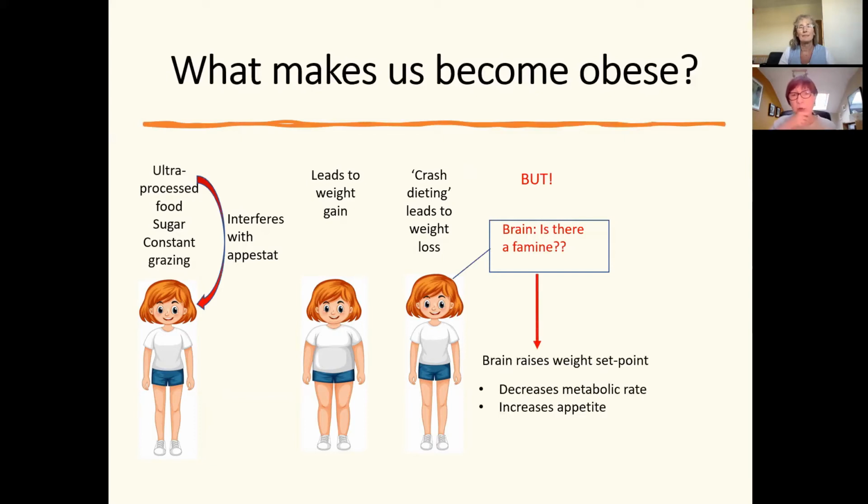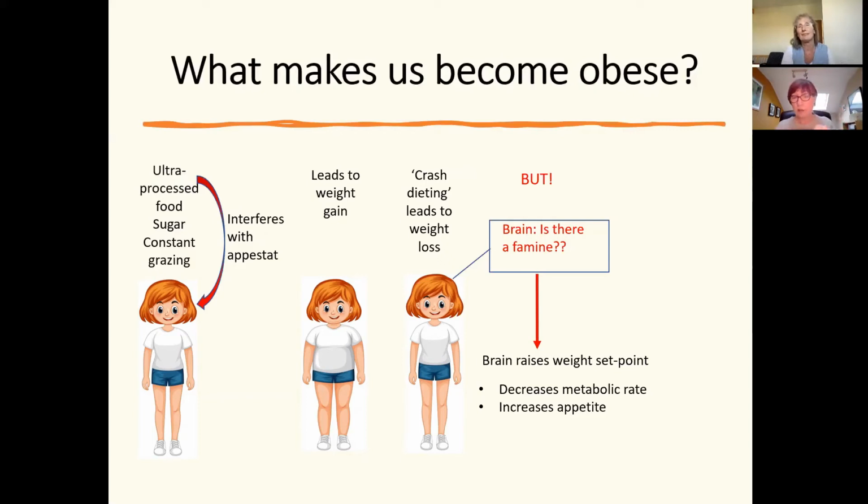So it's going to respond to that, and this is a survival instinct. Your brain will respond by raising your weight set point, because it's thinking, well, if there's been one famine, there might be another one on the way. I need to make sure that this body is holding as many calories as possible in case there's a shortage again. So it does the usual processes. It decreases the metabolic rate to conserve energy, and it increases the appetite.